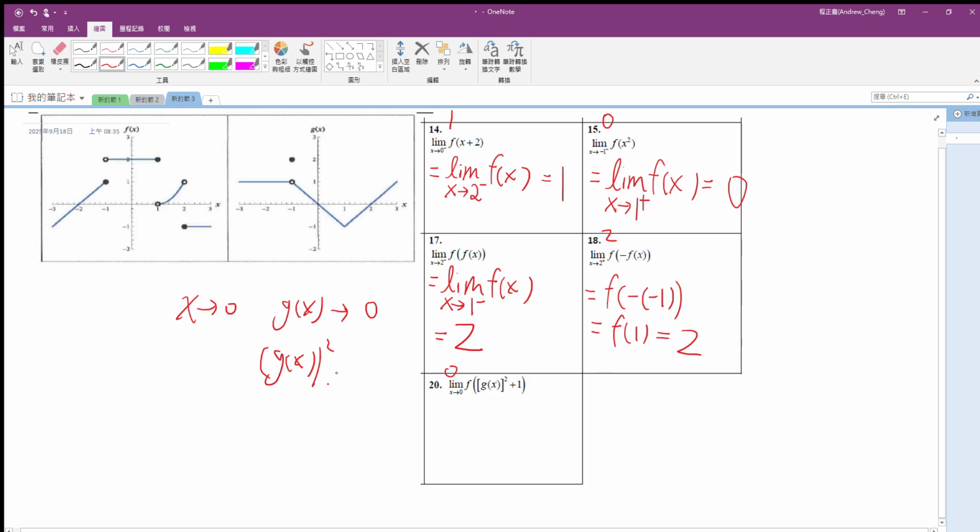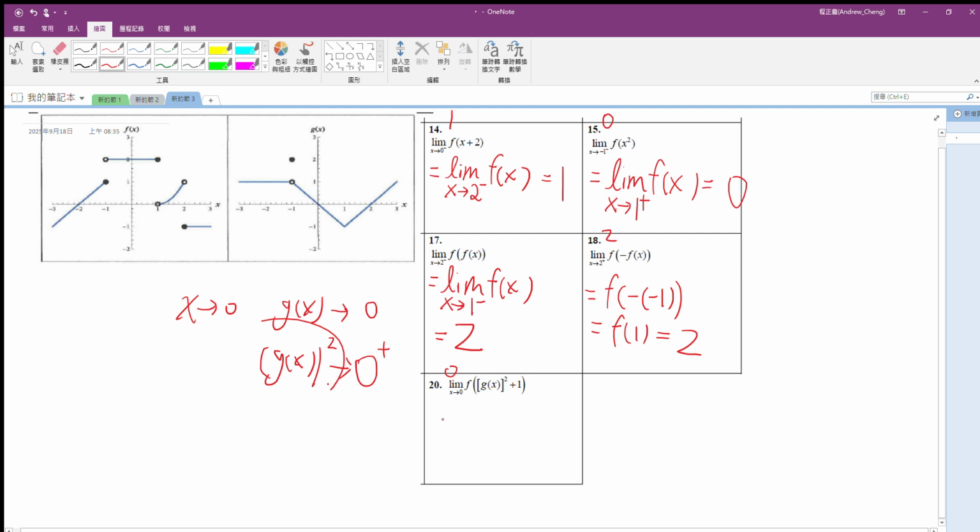It will also approach 0. However, because x squared is a positive number, I would say it approaches 0 from the positive side, because g of x squared is positive. So it approaches 0 from the right side.